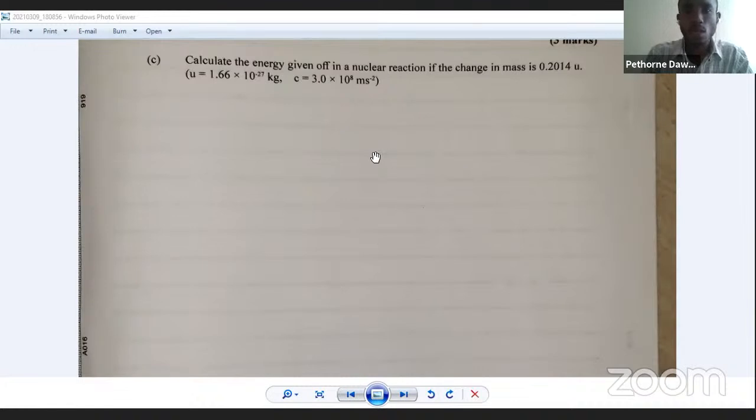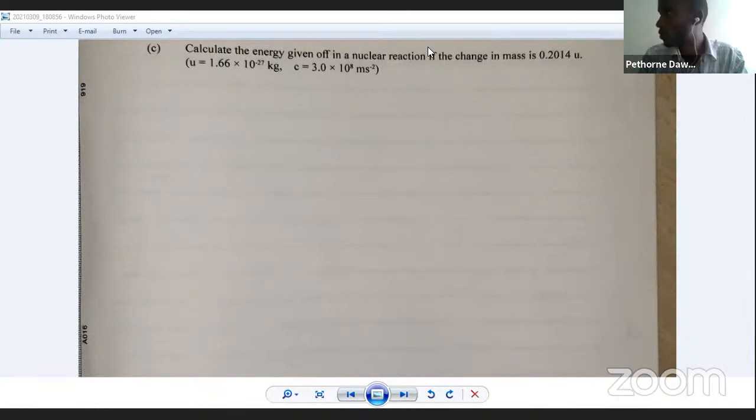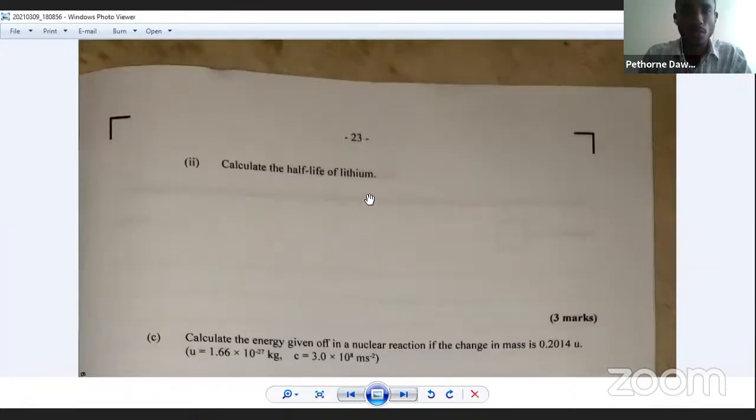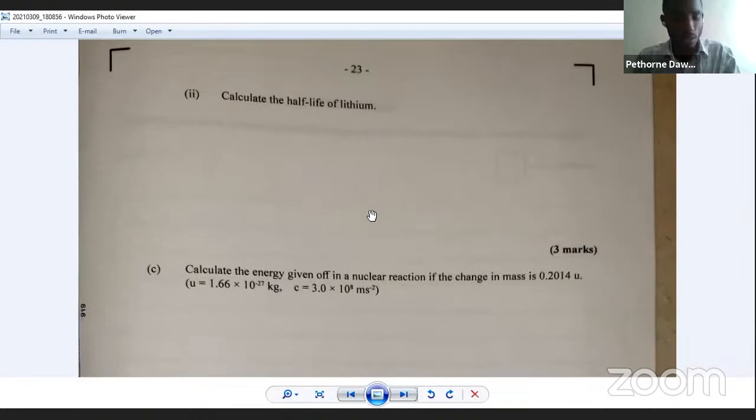Now, in terms of the question that we were looking at earlier on, we have to go back to that one. So let's go back to the question of the half-life of lithium. I have to stop sharing that and go to the whiteboard that we had.